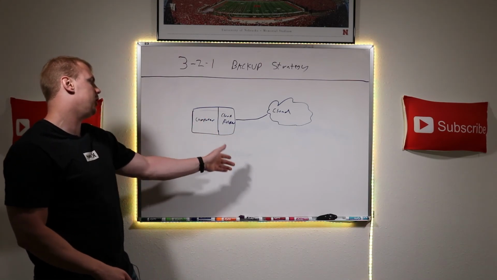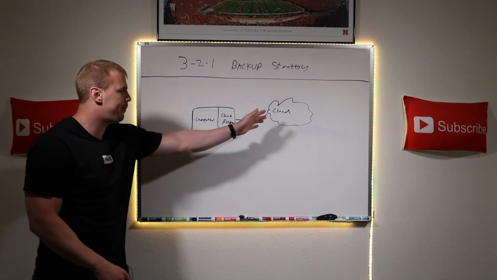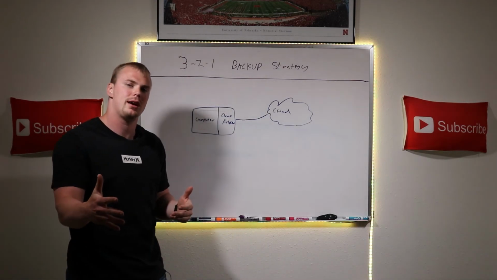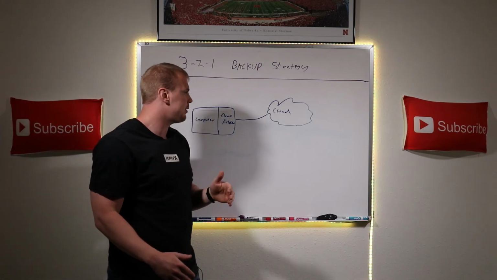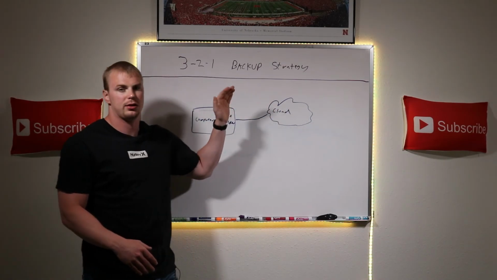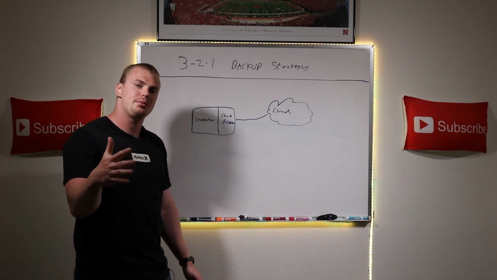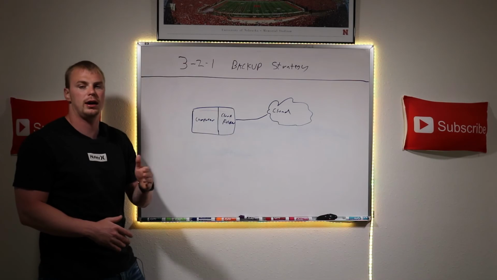Me personally, how I have this set up, so this is what it would look like. You have your computer here, you have the cloud folder here that's connected into the cloud, so that they sync back and forth with each other. And this is personally how I have this set up. I have a cloud folder on my computer. I use Dropbox, and then it syncs automatically to the Dropbox cloud here. And this covers 2 of the 3 backups that you need, and it covers the off-site backup because you have the cloud here.